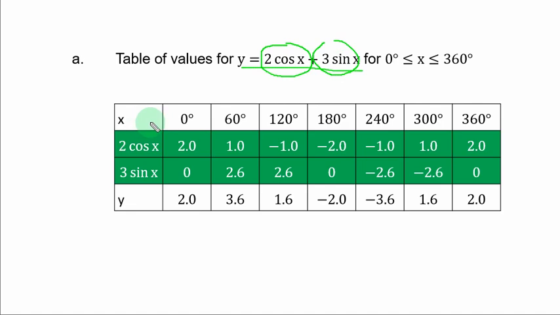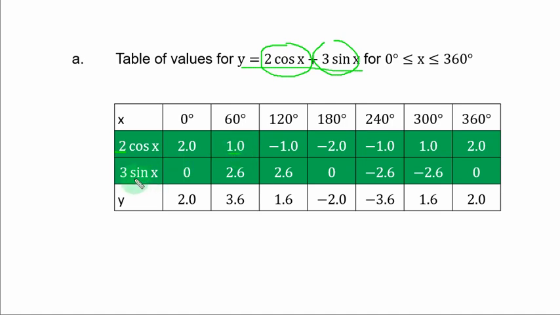So when s is 0, cos 0 is 1. 1 times 2, you have 2. When s is 60 degrees, cos 60 degrees is 0.5, times 2, you have 1.0, and so on.